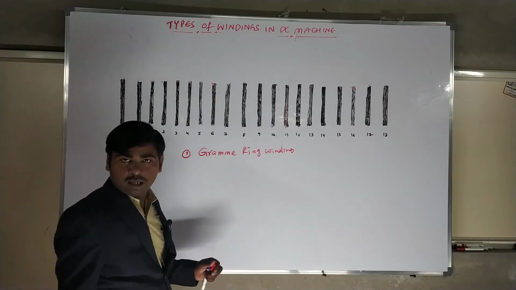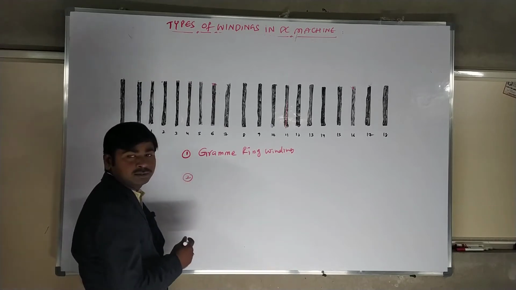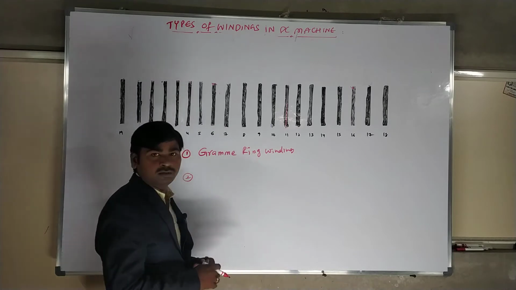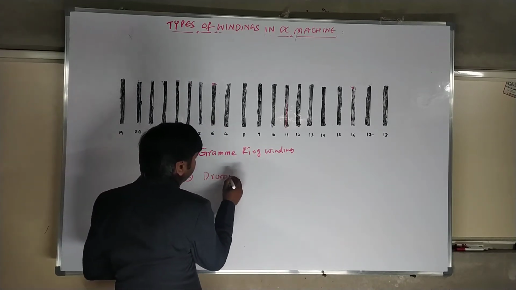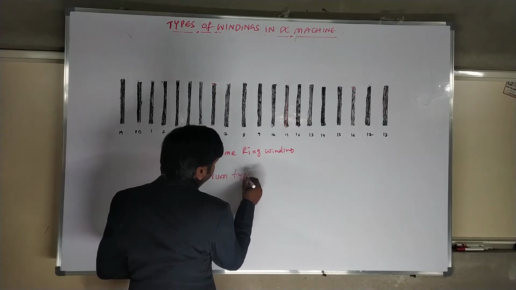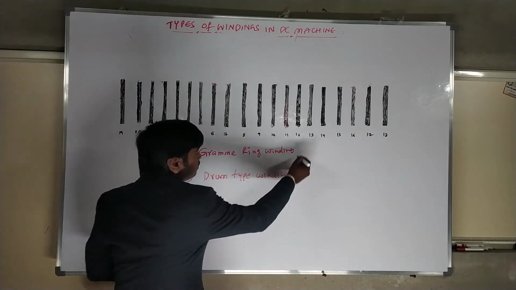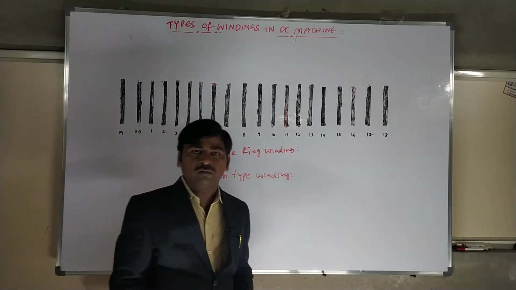The second one, which I think you are very familiar with, is called drum type winding. First, Gramme ring winding; second, drum type winding. What actually is a Gramme ring winding?